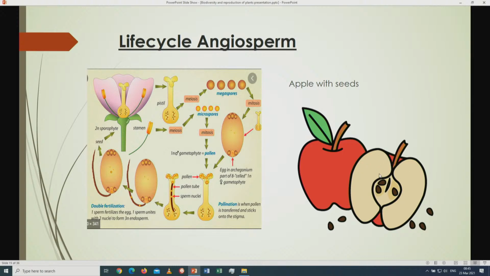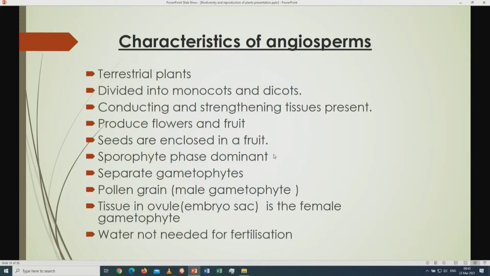So in angiosperms, the seeds are not naked. They are hidden by an ovary. And then once a fruit has developed here, the whole of the structure is going to disappear. So these are the characteristics of the angiosperms.